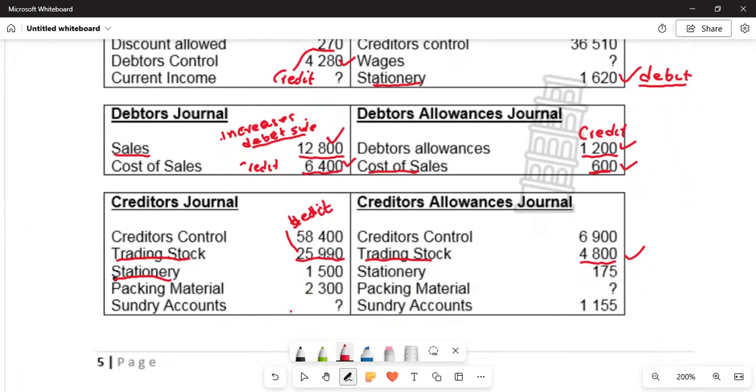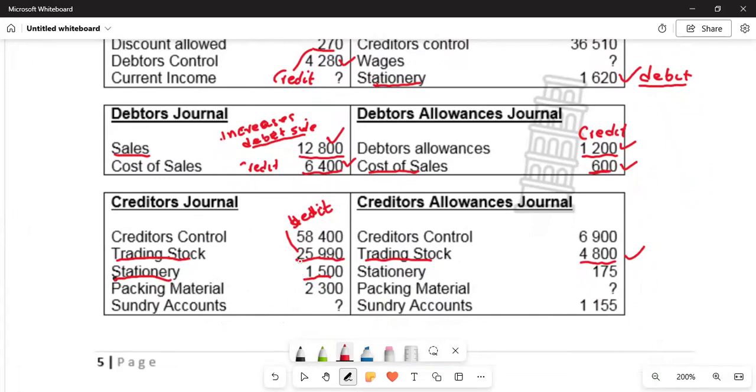So we bought stationery on credit, because it's a creditors journal. The expenses increase on the debit side.